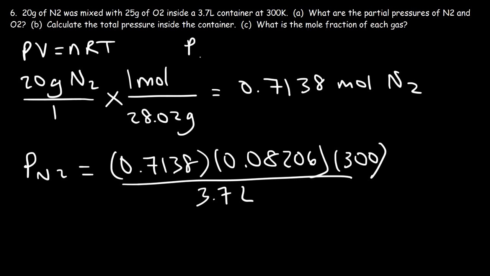So you should get 4.749 atm for the partial pressure of N2.